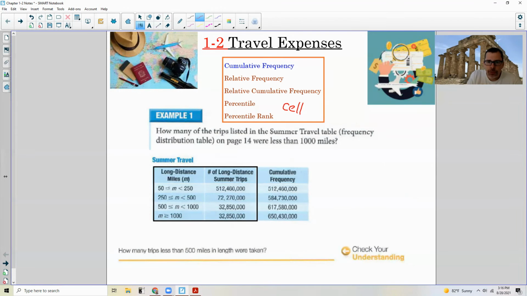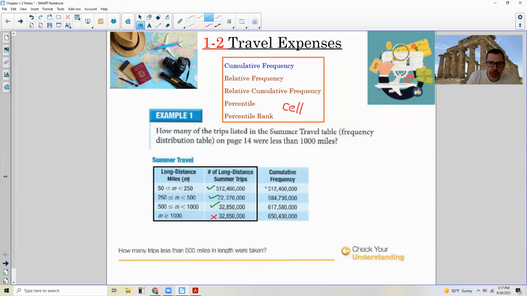So how many of the trips listed in the summer vacation table on page 14 were less than 1,000 miles? Well, this is greater than 1,000 miles, so I'm not going to use that data right there. Okay, 500 to 1,000, but less than, is going to be used. And this is less than 500, so it's obviously less than 1,000. And anything less than 250 is obviously less than 1,000.